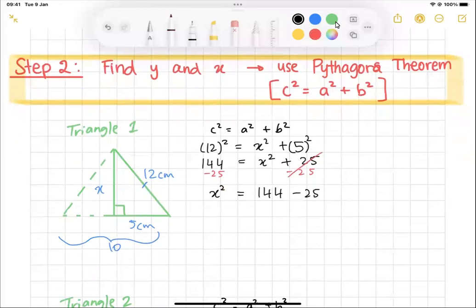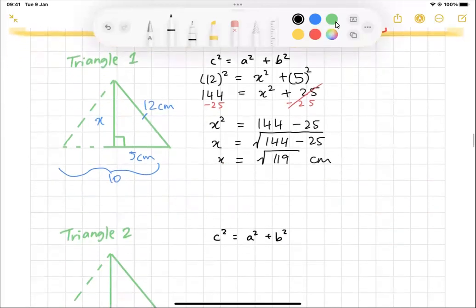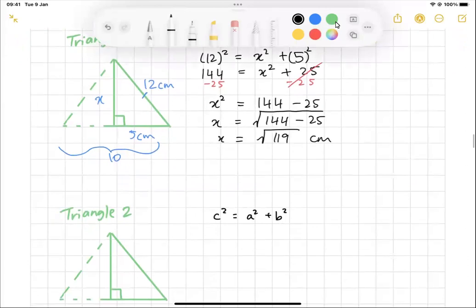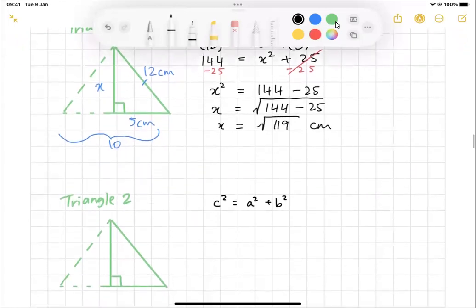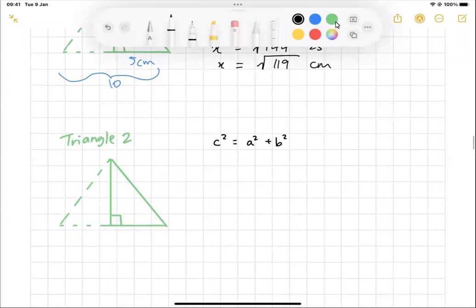So what we'll get is x equals the square root of 144 minus 25, which you will get as the square root of 119 centimeters. That's our x. Yeah, it's pretty easy. Now that is our x.